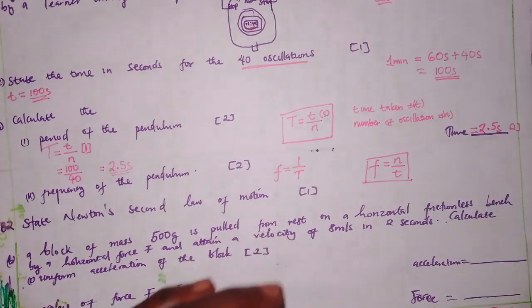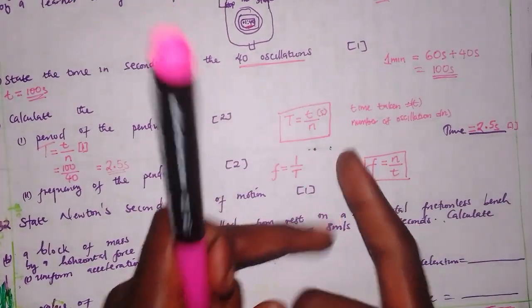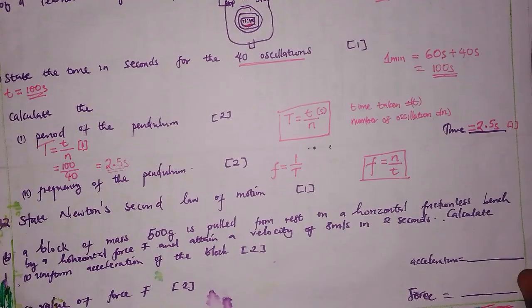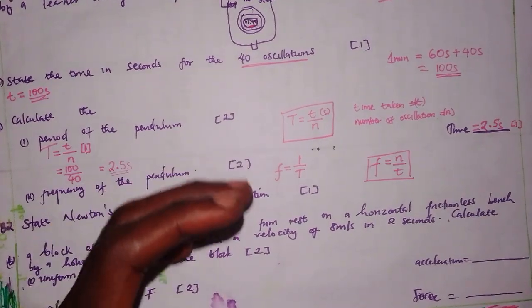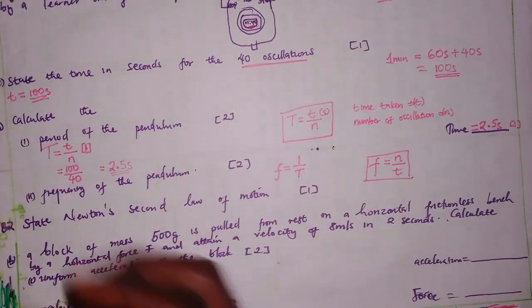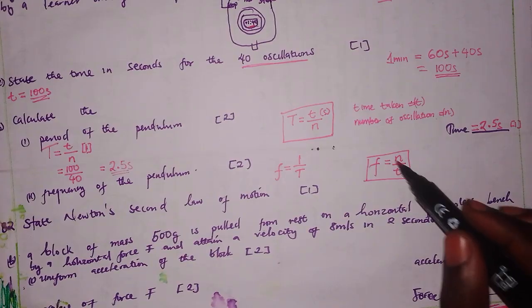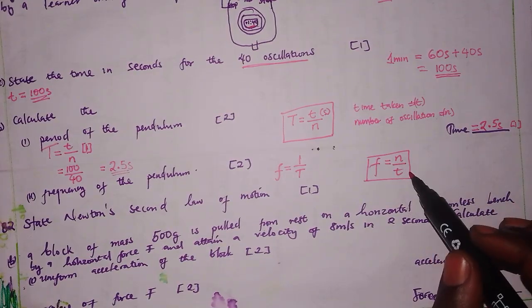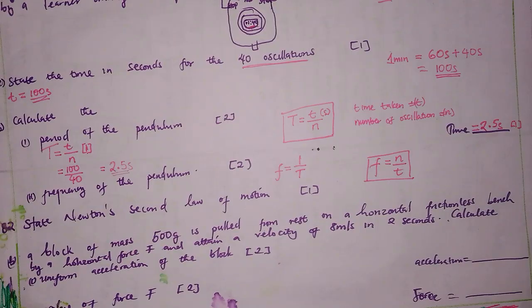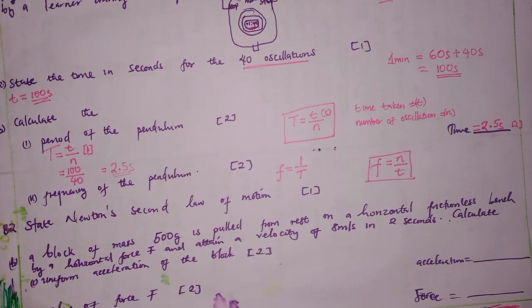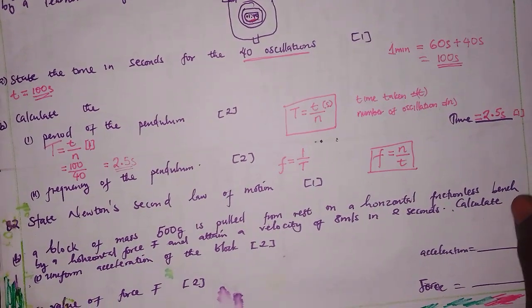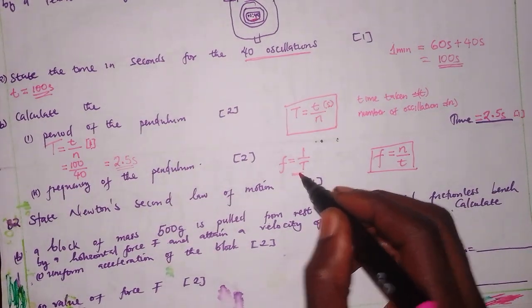Meaning frequency is the opposite of period. So if you don't have the period, you can use number of oscillations divided by time taken to calculate your frequency. In our case, since we have the period, we are going to use this formula.